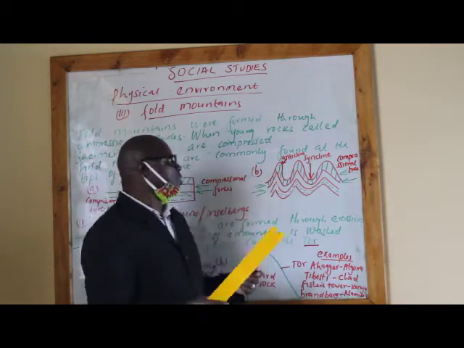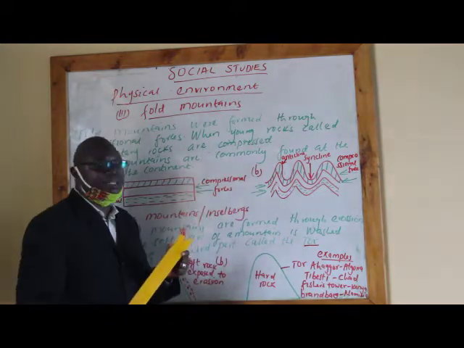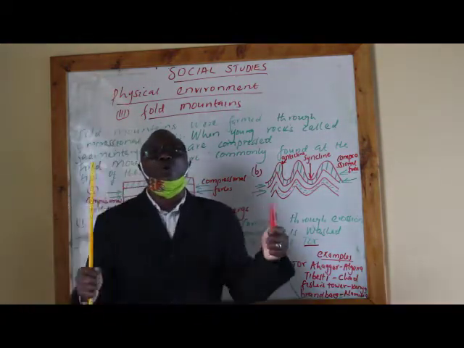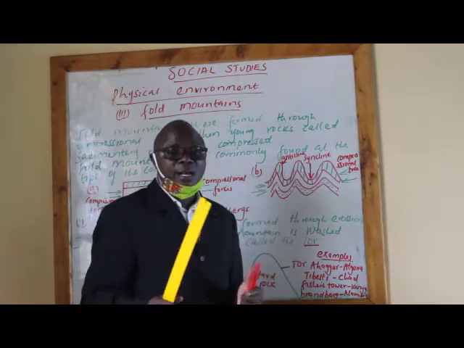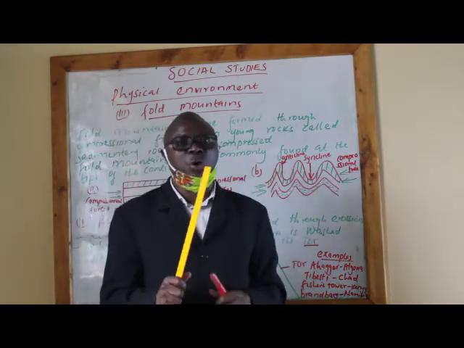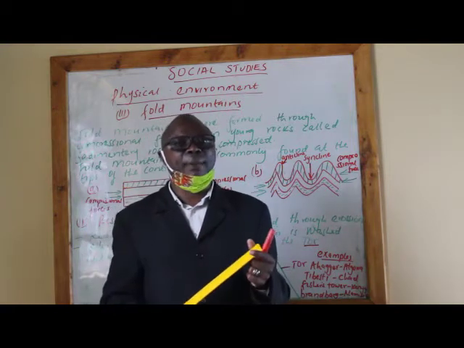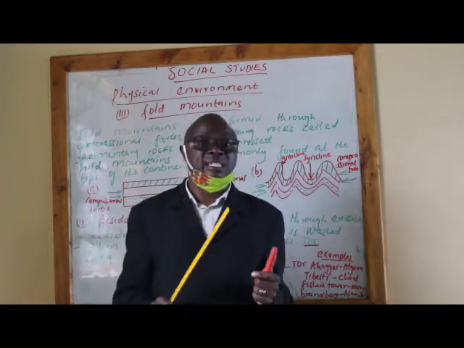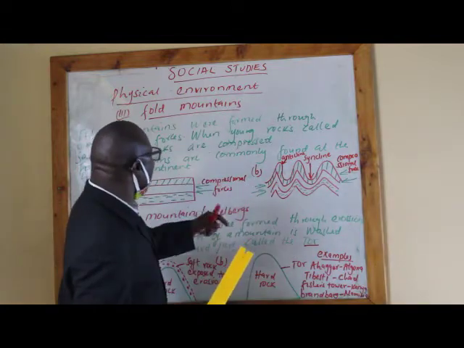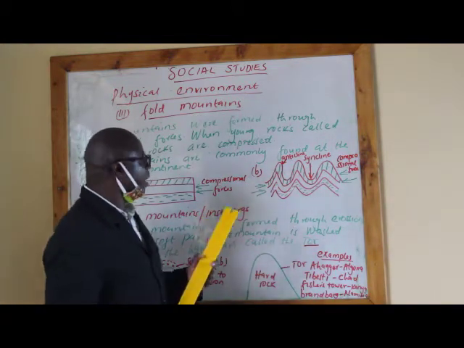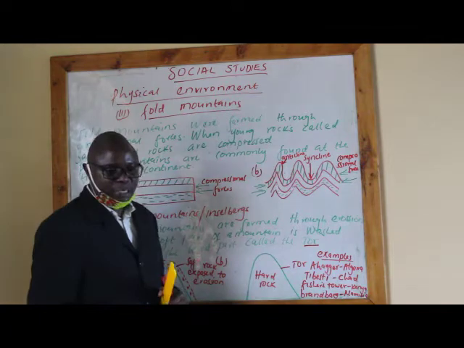So in short, fold mountains are formed as a result of compressional forces. Something else I want you to know is that fold mountains will always appear common at the edges of the continent. So that is what we are calling the fold mountains.